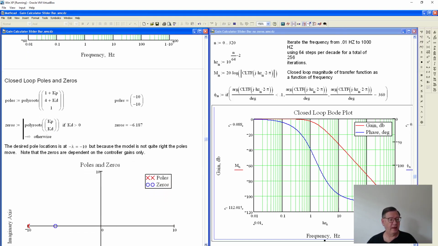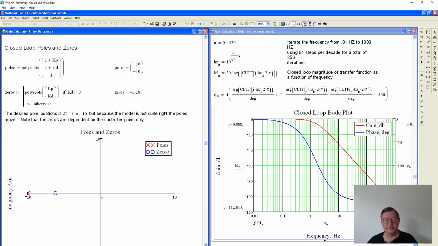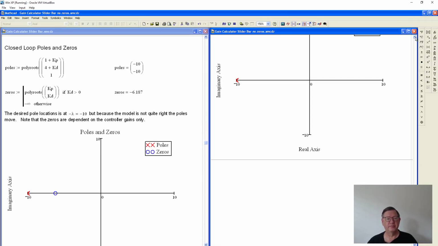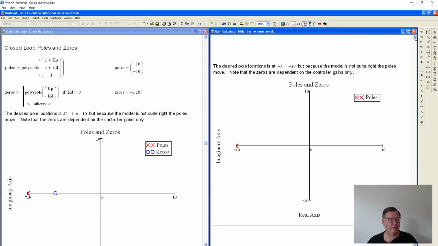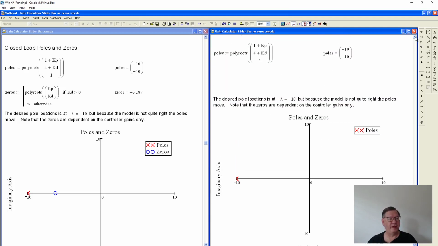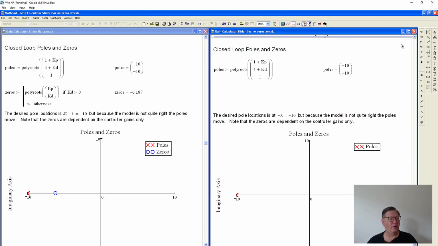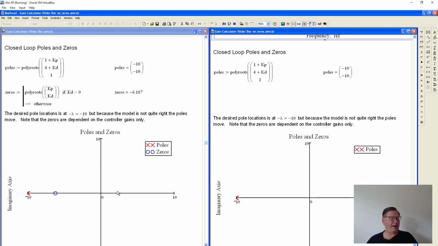So let's go down and look at the closed loop poles and zeros. I have both poles set at minus 10. And the only difference is that the example here with the 0 has a 0 at minus, what is it, 6.187. So what ends up happening is, if you want to look at this intuitively, you scan from here at the origin to the left and think of this as frequencies.